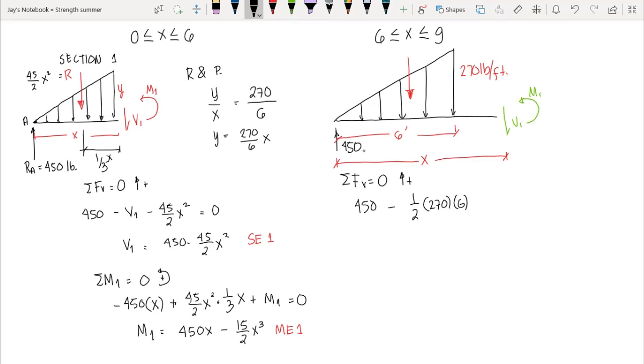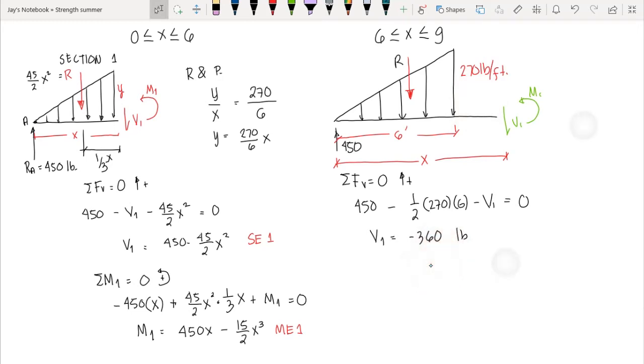Then the internal shear is acting downward, so minus V is equal to 0. Then shear V is equal to negative 360 pounds. We do not have variable x here since we do not have a load, so our shear diagram is of zero degree order.